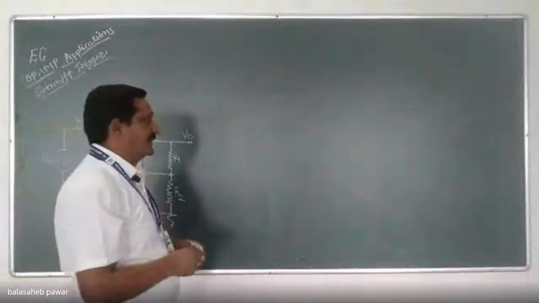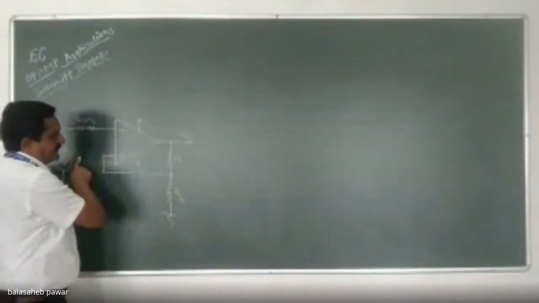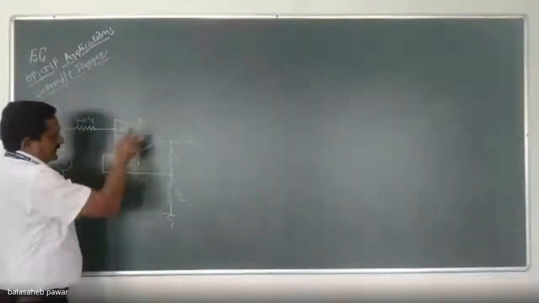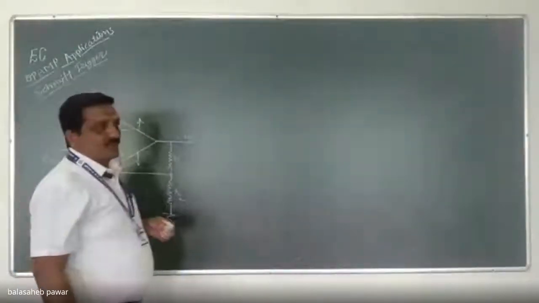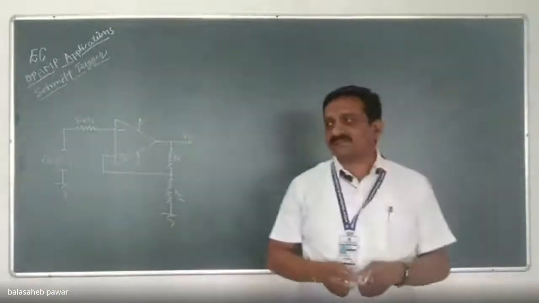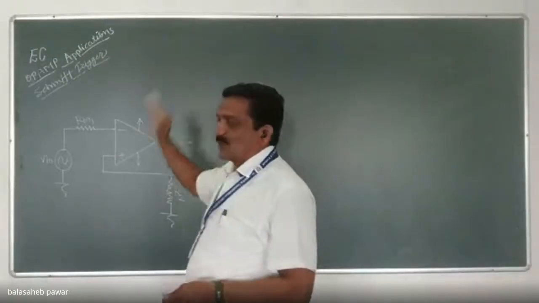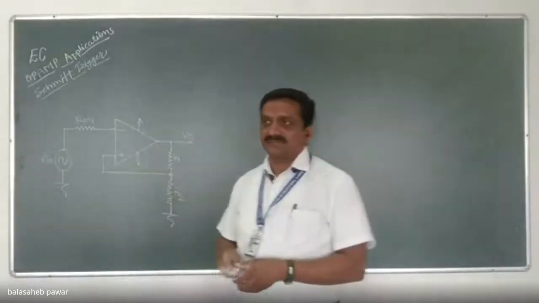Output offset voltage. So due to that output offset voltage, initially, even if the input is at zero potential, again remember that output offset voltage may be positive or may be negative, right? So suppose that output offset voltage is positive.